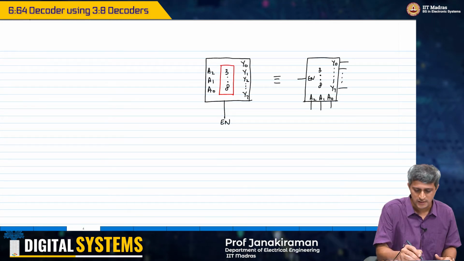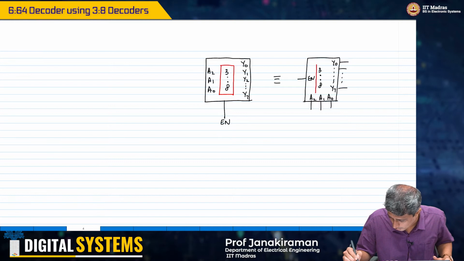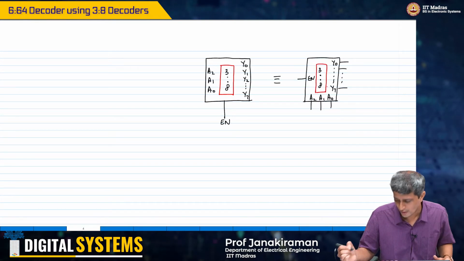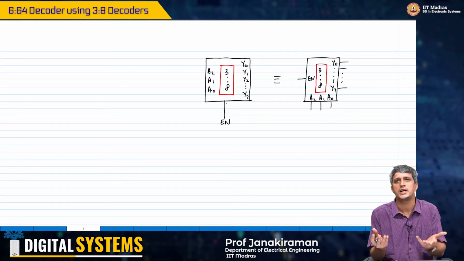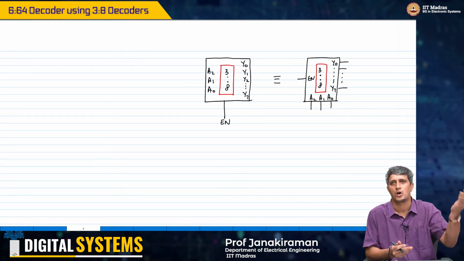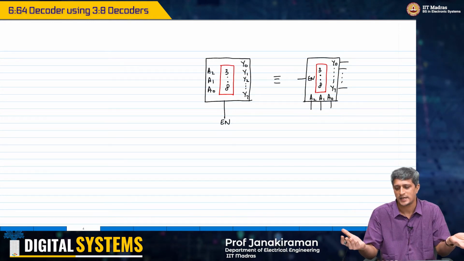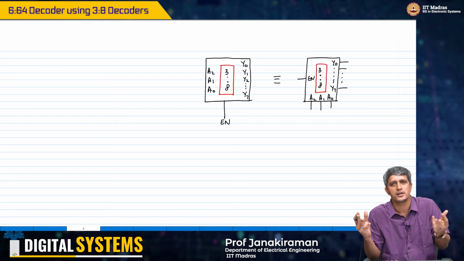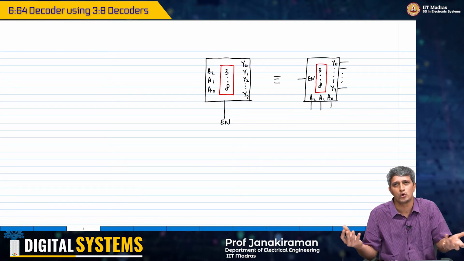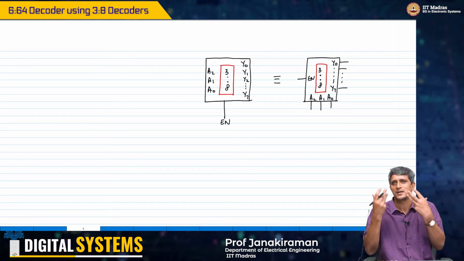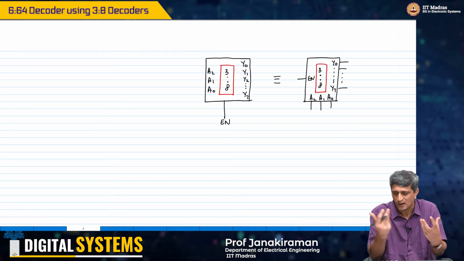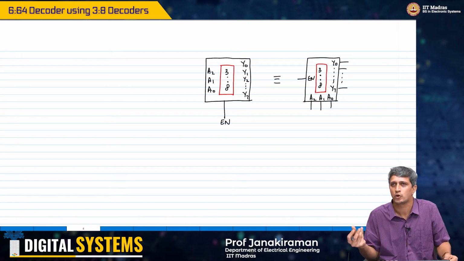Right. So this symbol that we have drawn for the decoder, we had just conveniently represented the inputs on the left and the outputs on the right and the enable on the top. Really, there is no sacrosanct rule to do this. The symbol is just a representation of that block, and therefore it doesn't matter where those pins are placed.